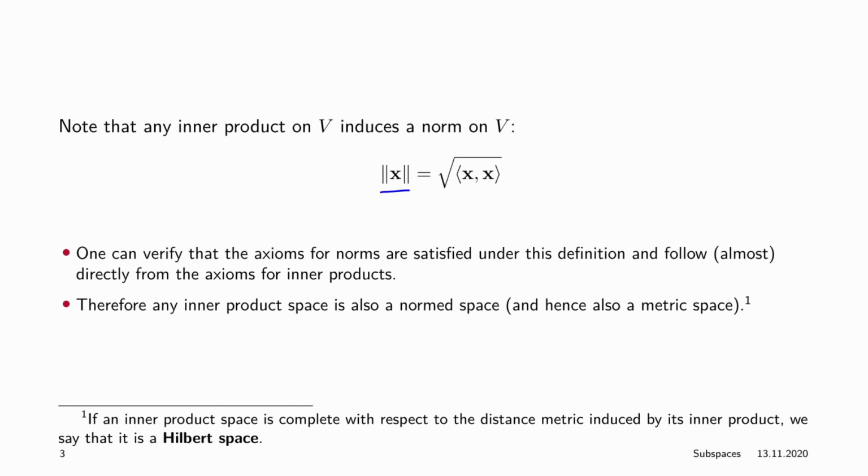One can verify that the axioms for norms are satisfied under this definition and that they follow directly from the axioms for the inner products. Therefore, every inner product space is also a normed space and also a metric space, because every norm also induces a metric.